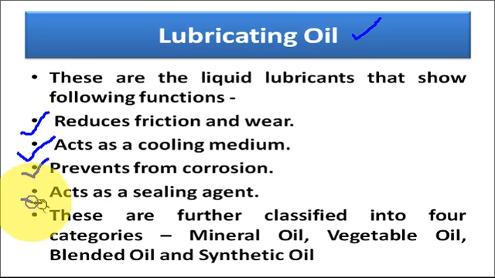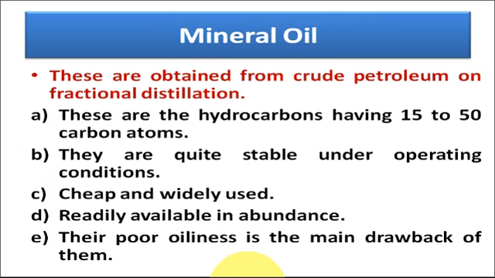It also acts as a sealing agent. These liquid lubricants, that means lubricating oils, are further classified into 4 categories, that are the mineral oil, vegetable oil or animal oil, blended oil, and the synthetic oil. So let us discuss one by one.